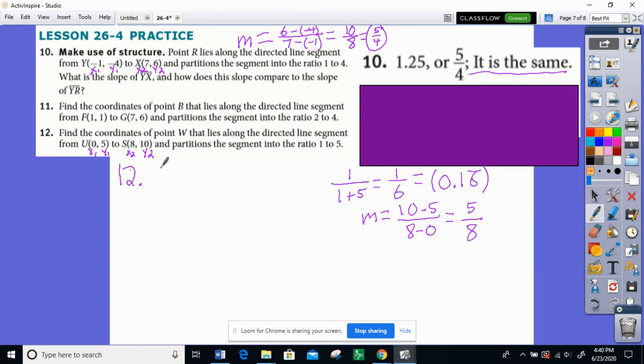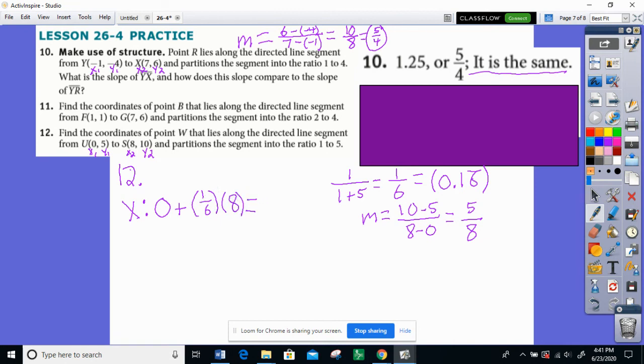So we're starting at point U. So our x-coordinate is going to be, well, we're starting at 0 plus we're adding in 1/6 of the full run, which is 8.